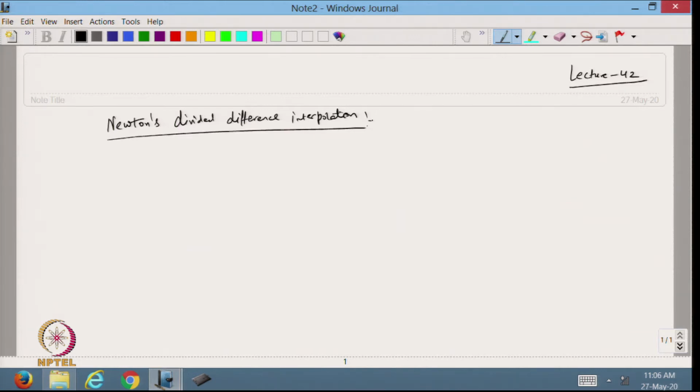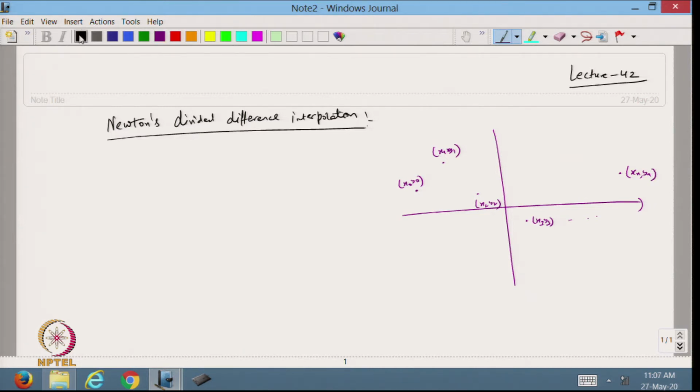In this case, again I have the points. So I have some points, that is x0, y0, x1, y1, x2, y2, x3, y3 and so on. So in the end I suppose I get xn, yn. So these points are given to me.